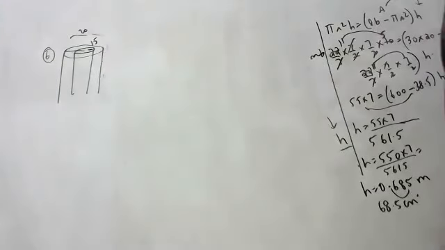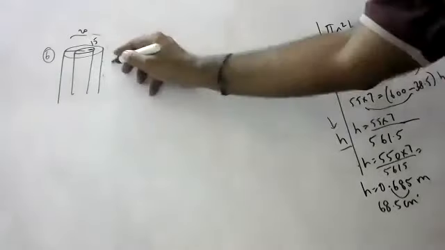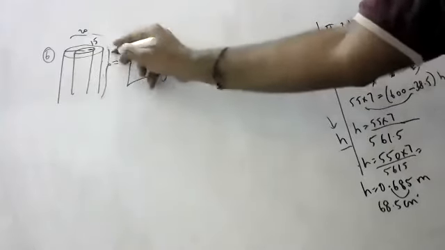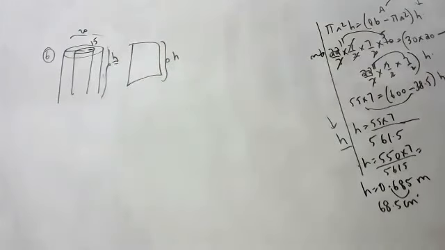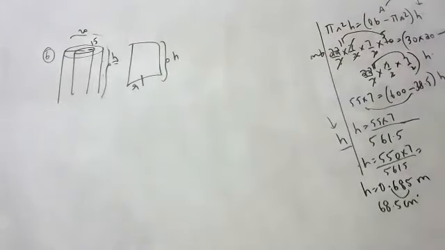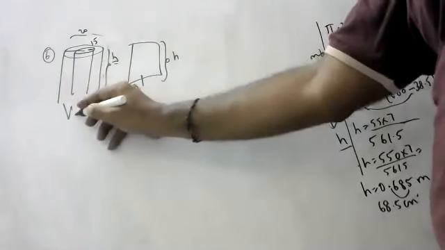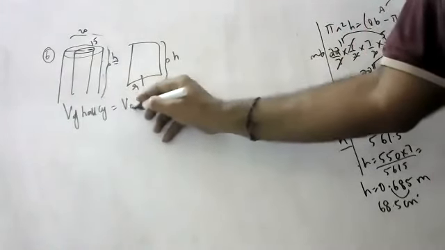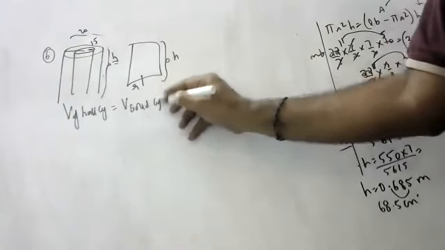The cylinder is melted and made into a solid cylinder of the same height. This height and this height are same. Question is, what is the radius of this new cylinder? Vivek? Yes, sir. Volume of hollow cylinder is equal to volume of solid cylinder, sir.